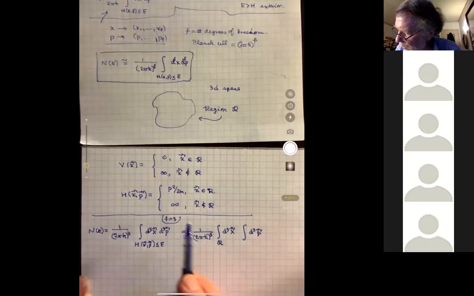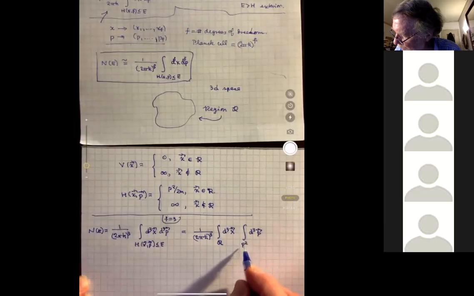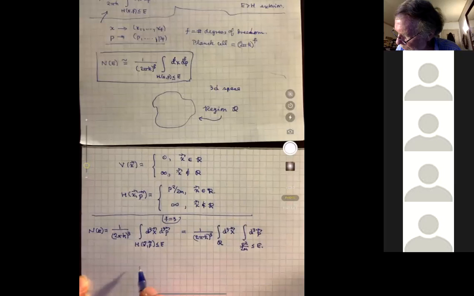And in that case, the Hamiltonian is p squared over 2m. So this needs to be taken over the region where p squared over 2m is less than or equal to the energy E. Well, that region is the same thing as the region in which the magnitude of the momentum is less than or equal to the square root of 2mE. Like that. That's what that means.